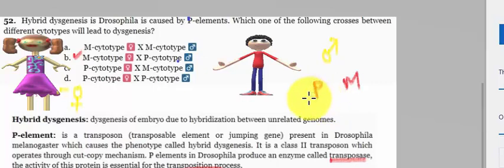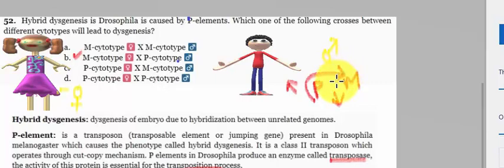So generally the P strain is present in the male. What is happening in hybrid dysgenesis is that the phenotype is affected by the transposition of the P element. In the male the P element is present, so there is transposition of the P element to the M strain.